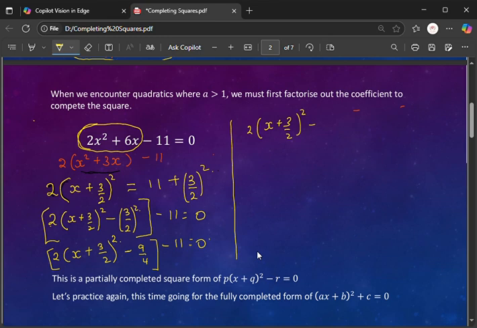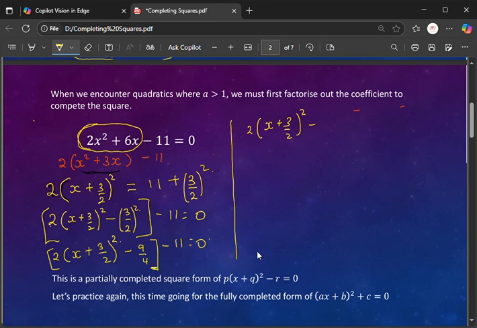minus, now we need an answer here. We get a calculator and we check it out. So 9 divided by 4 is 2.25, and then this parenthesis means this square.